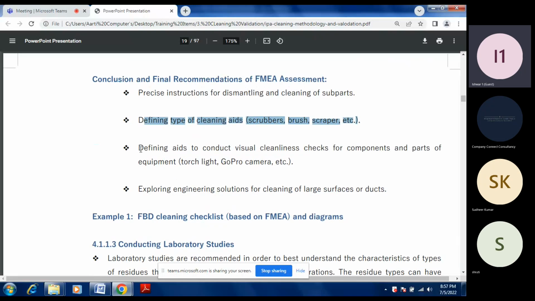And define aids to conduct visual inspection based on the component and part of the equipment, like a torch light, and some cameras we use for verification of cleaning, like in borescopy.